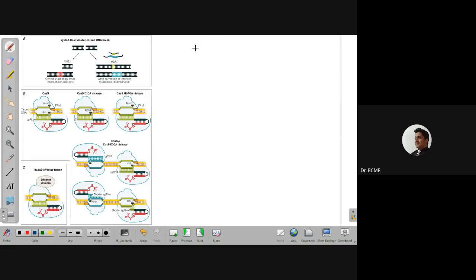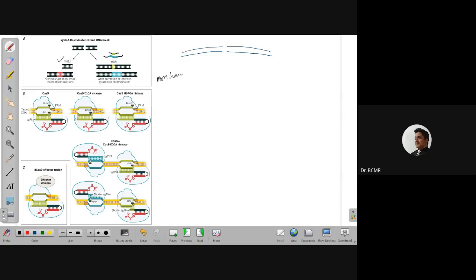So here is a DNA molecule, and if there is a break that has happened here, what are the possibilities? There are two possibilities at least, as depicted here. NHEJ, I hope you remember those. In the beginning, we have done some exercise on that.